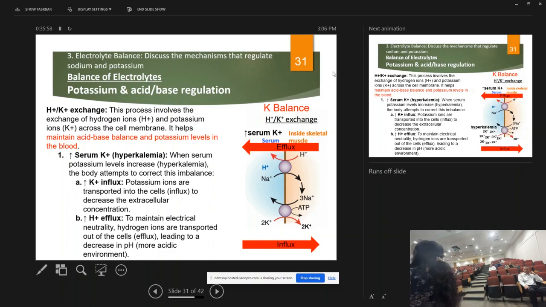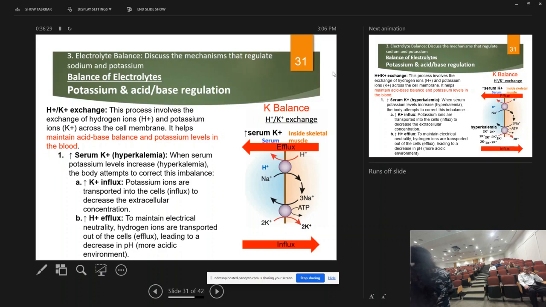Will this pump work faster in return to compensate? Then what are you going to create here? The pH problem, right? So you have corrected for potassium, but maybe you'll create a problem for the pH. So it's a balance of both. You have to correct it based on your pathophysiology, yes. Are we correcting the pH in ICF or ECF?